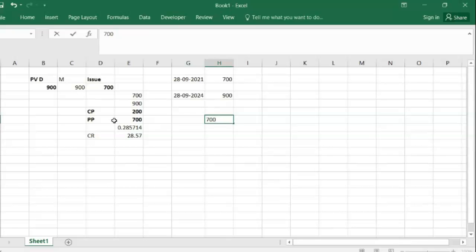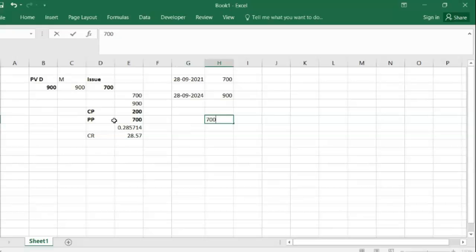Out of 700, 200 will be received as interest. Hence, the annualized return or annualized coupon payment for the instrument needs to be calculated.